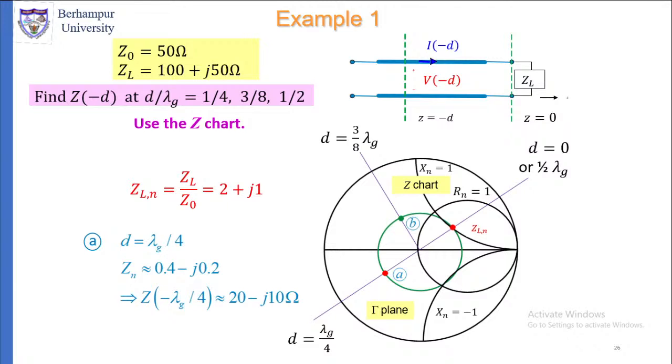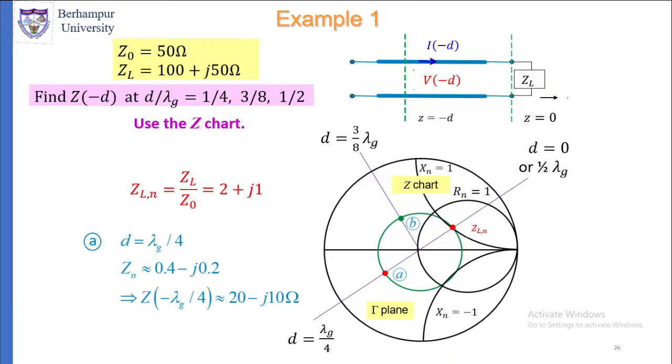Here on this figure, look at the upper red dot. The upper red dot is ZLN. That is the point where Xn is equal to 1 and Rn is equal to 2. So through that point, if you draw the circle, if you look at the resistive circle, for that resistive circle Rn is equal to 2.